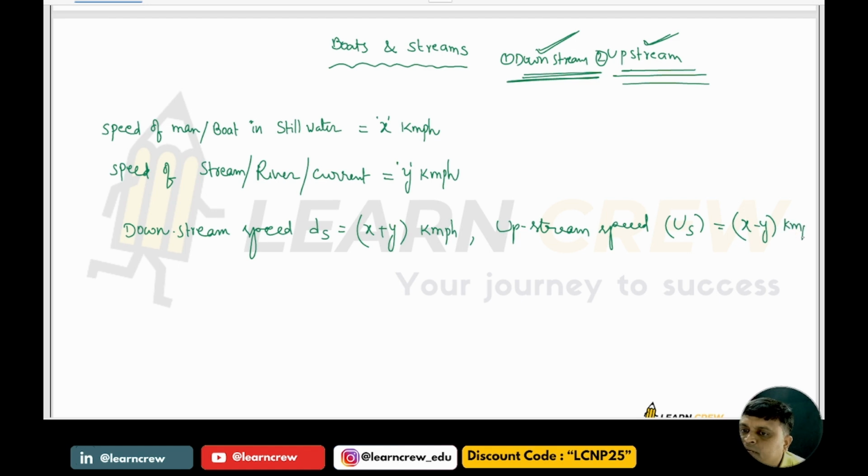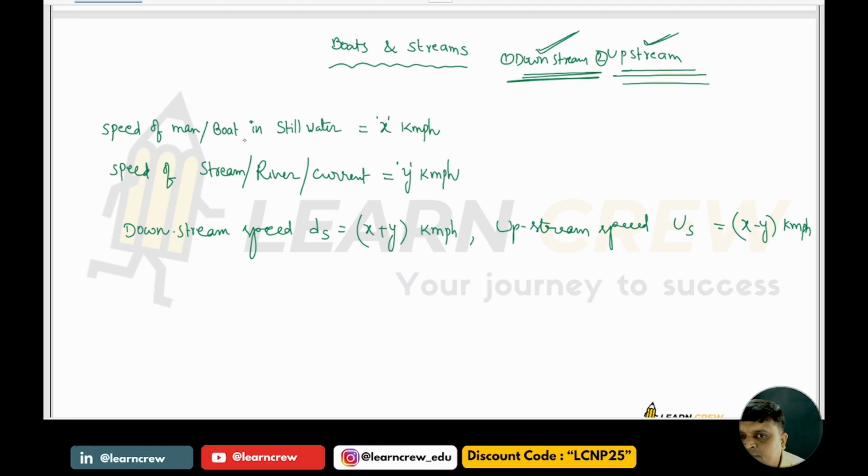So here, downstream speed is x plus y and upstream speed is x minus y. When x and y are known, you can find DS and US.